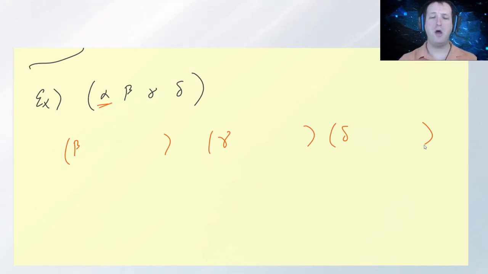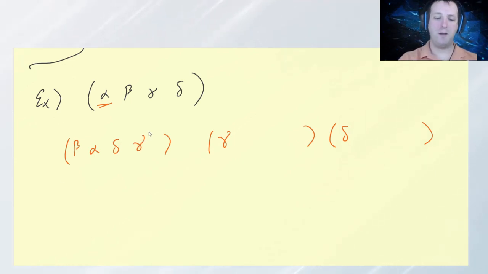So let's figure out all the possible derangements such that beta is in position 1. Alpha can be in position 2, so that's okay. Gamma cannot be in position 3, so if beta and alpha start off in positions 1 and 2 respectively, then the next position must be delta, and the next value must be gamma.